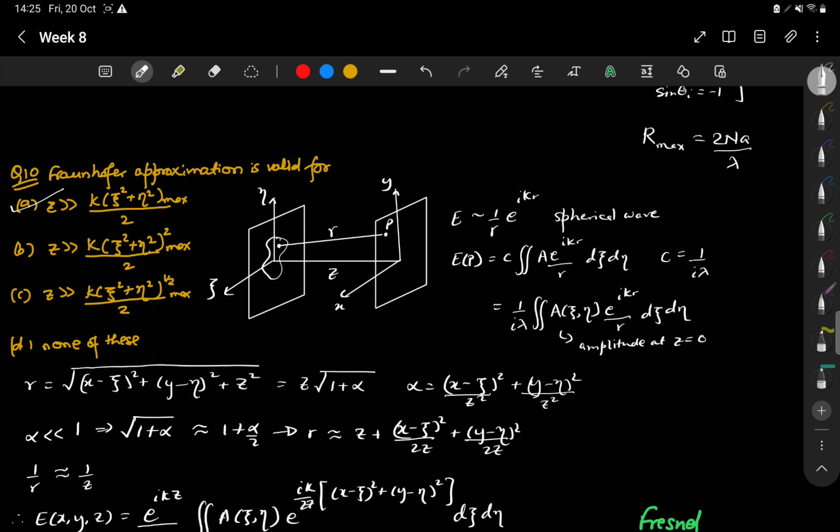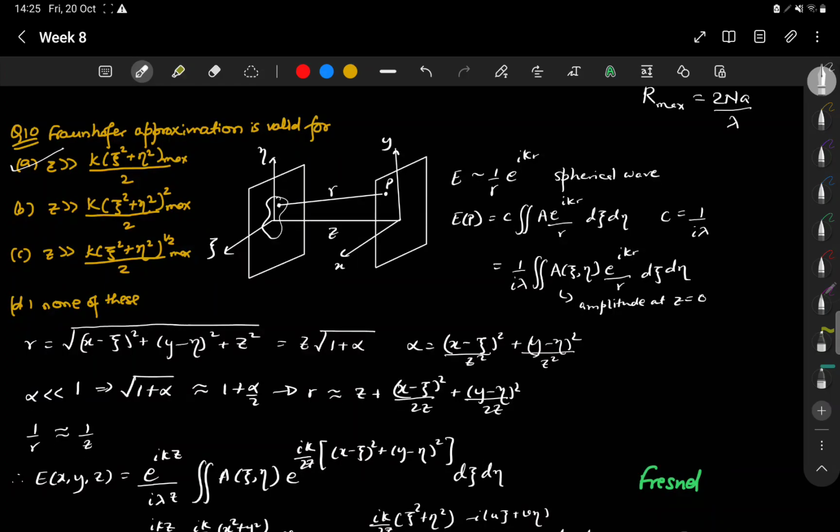And for option B, xi squared is length squared, square of that is length to the fourth, and k is 1 over length, so length cubed. So dimensionally also B and C are incorrect.